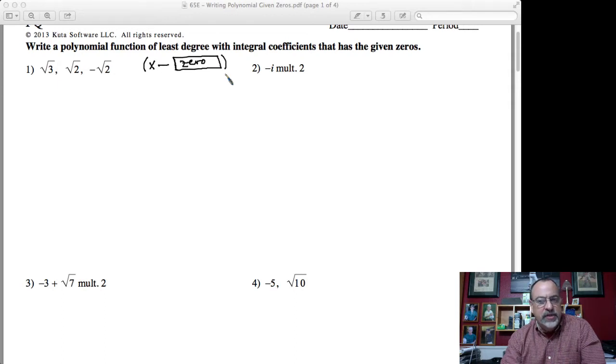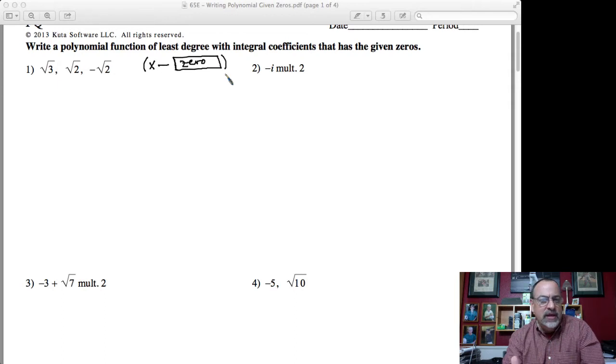Now, one tip to remember as you're going through this is that when you go to multiply these factors together, and you're usually going to have more than 2, you can multiply any 2 together that you want, and then you take that answer and multiply it by the next one, etc. In order to make it easier, you'll want to multiply the conjugates together first, because when you multiply the conjugates together, that square root or that imaginary number is going to go away in that step.